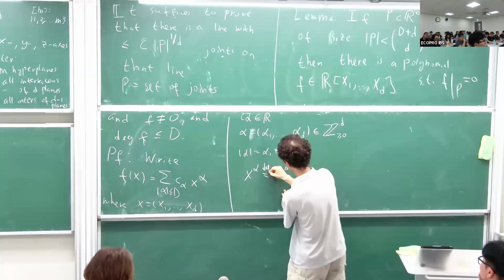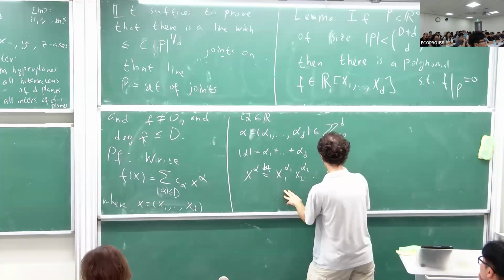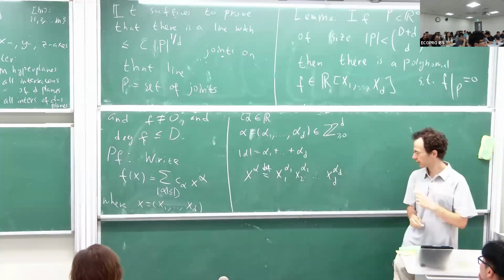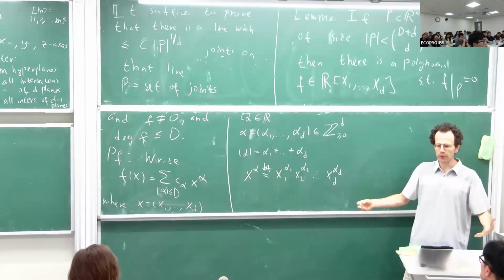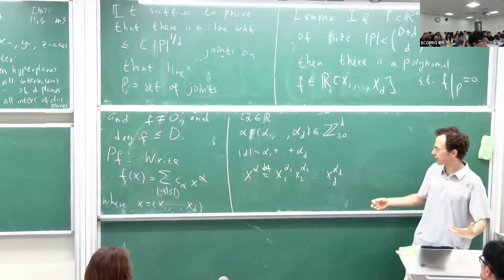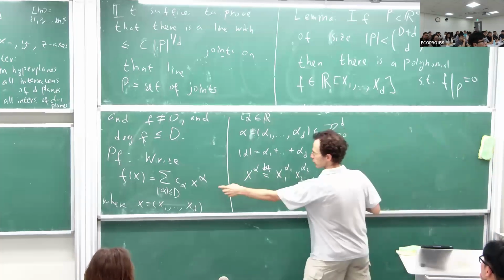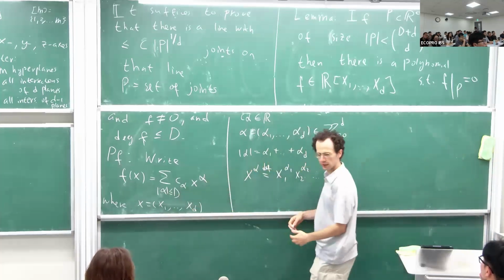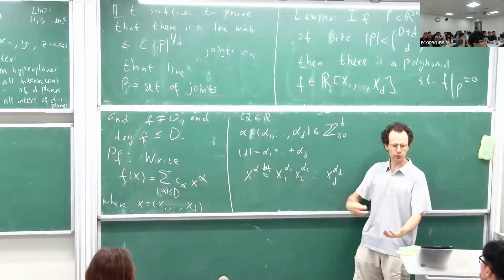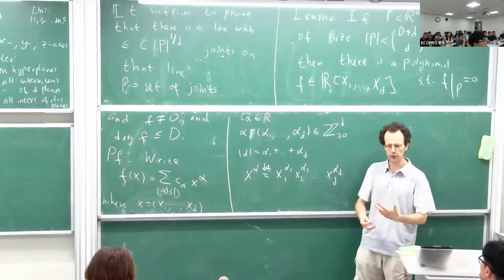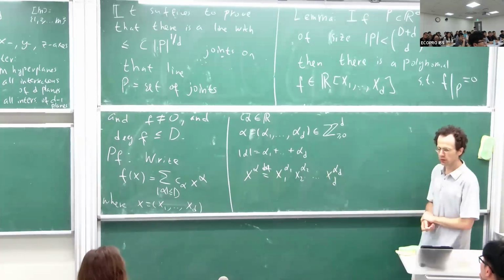It is a concise way of writing polynomials in many variables, because otherwise I would need to write this expression with a huge number of indices. Later we'll have expressions involving several indices, and it's going to save us a lot of time to have concise notation.